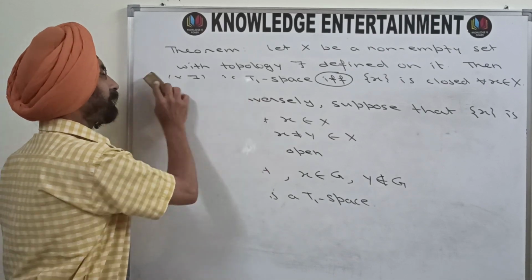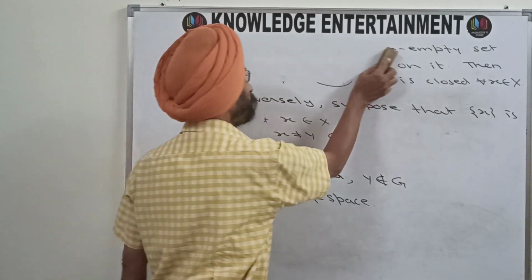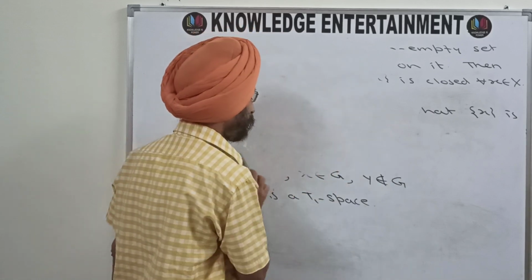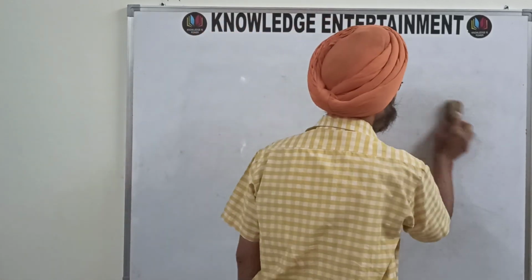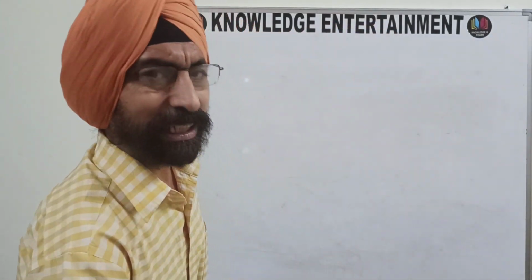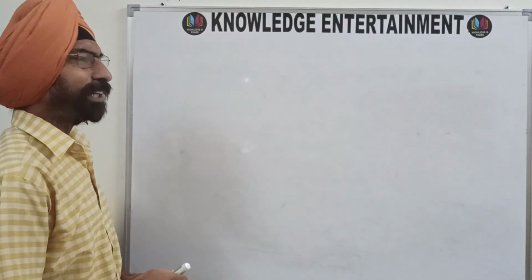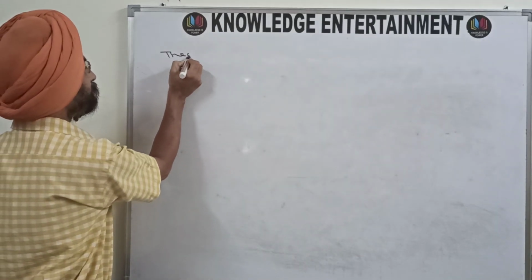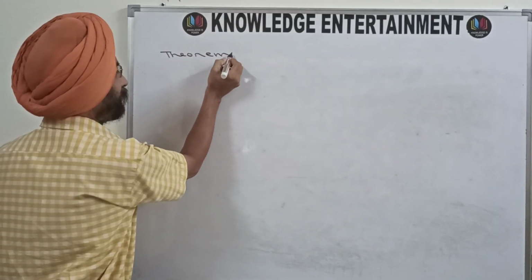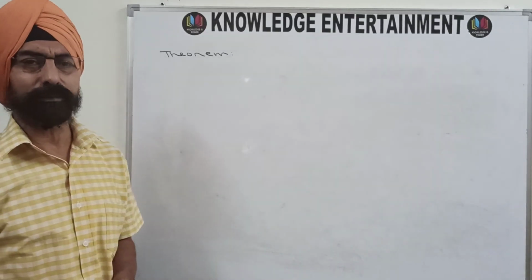So there are several theorems in separation axioms. We will try to prove each and every theorem. So the next theorem I am going to take is, and better if you write the statement along with me.